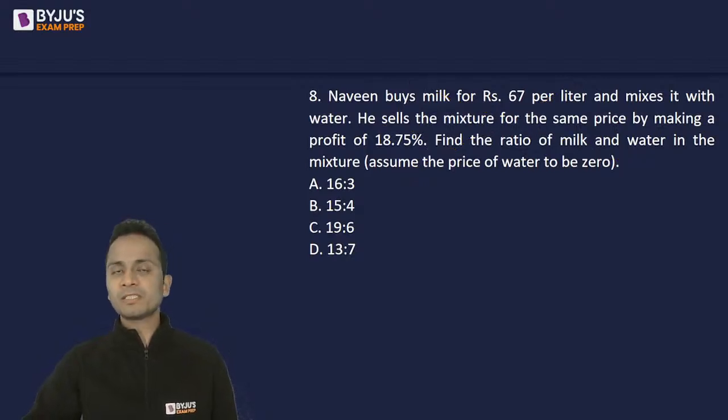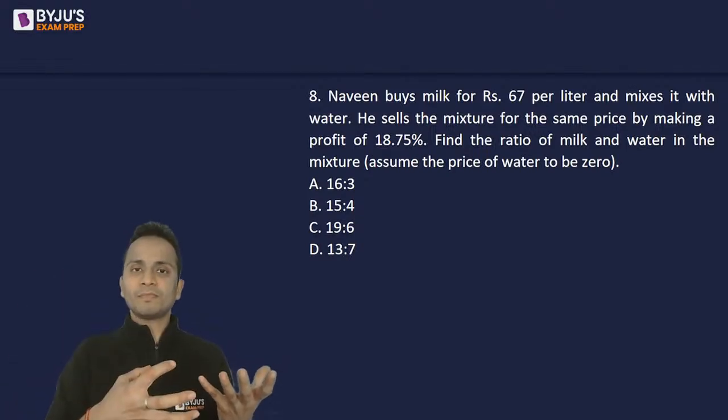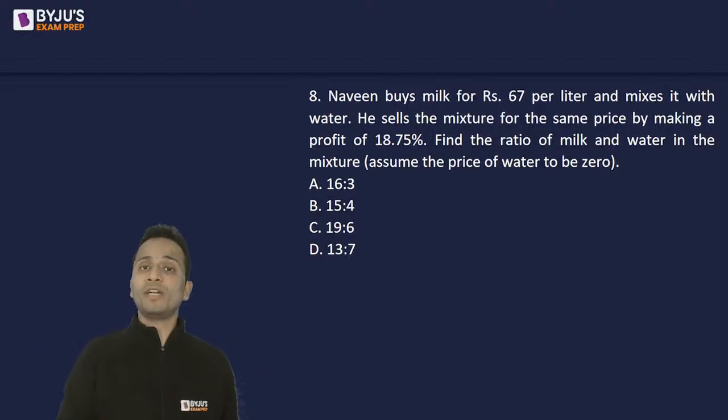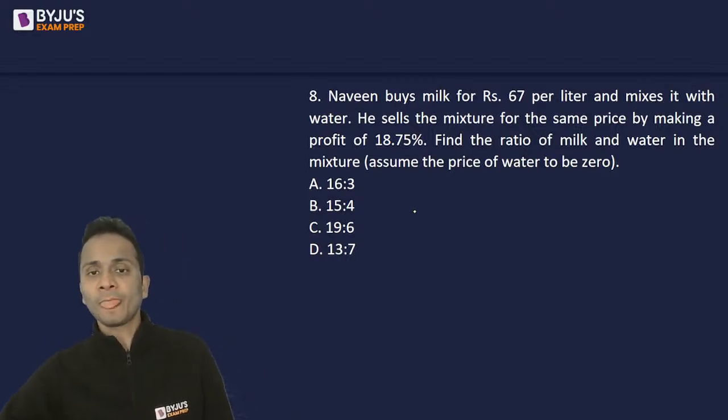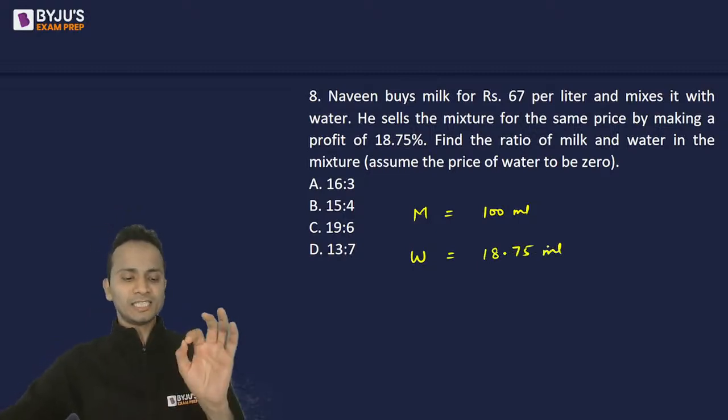That means the quantity of water that I'm adding is 18.75 percent of the quantity of milk. If the quantity of milk was 100 ml, then the quantity of water that I've added is 18.75 ml. That's it. Simple.